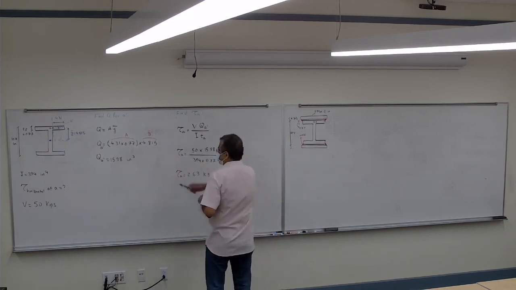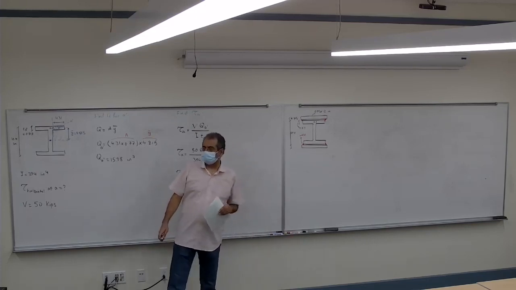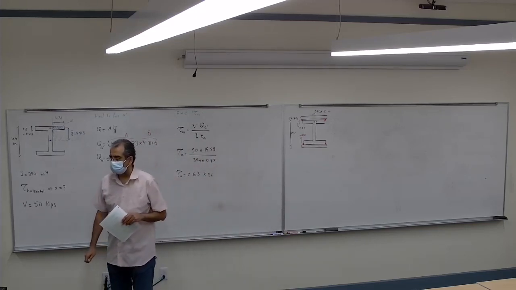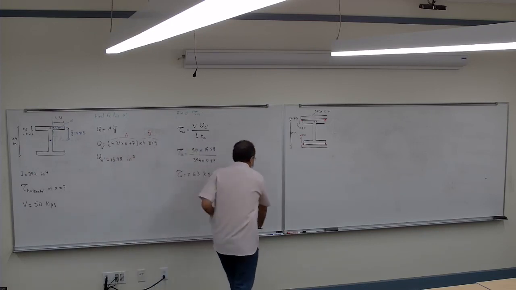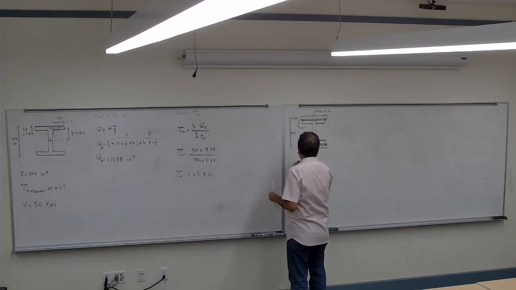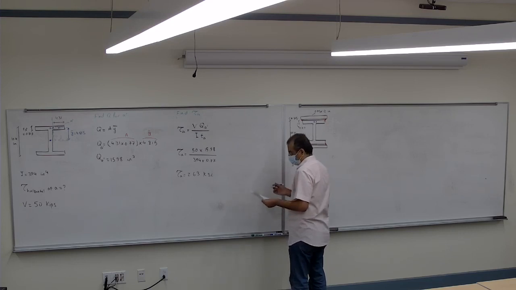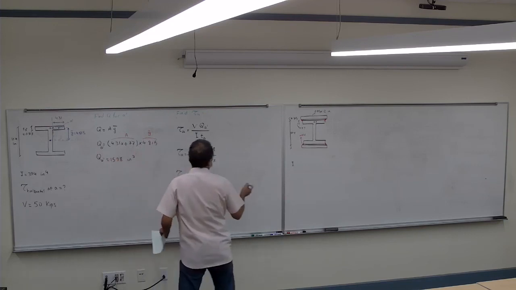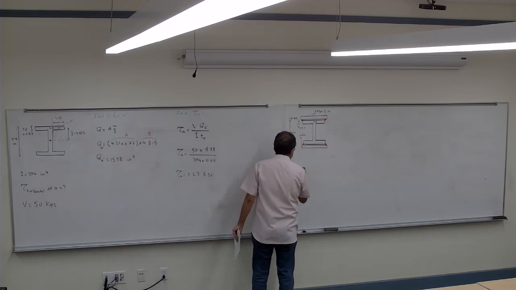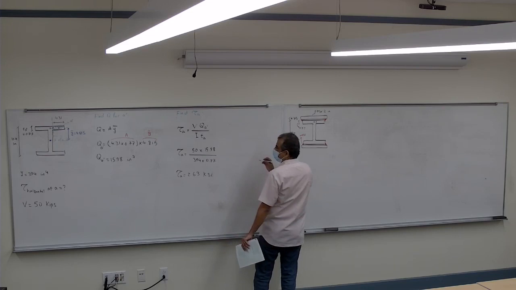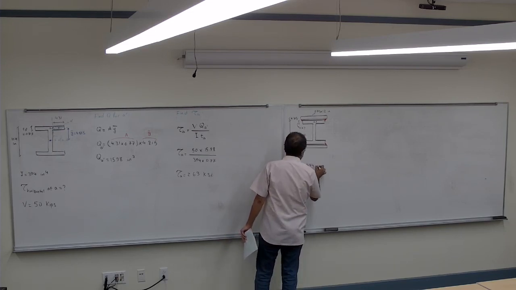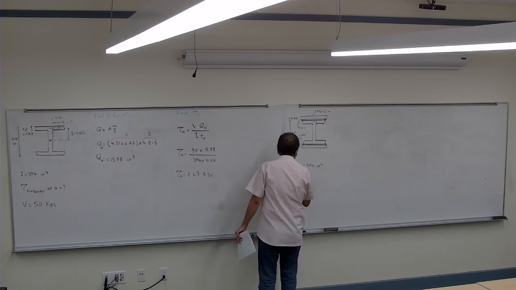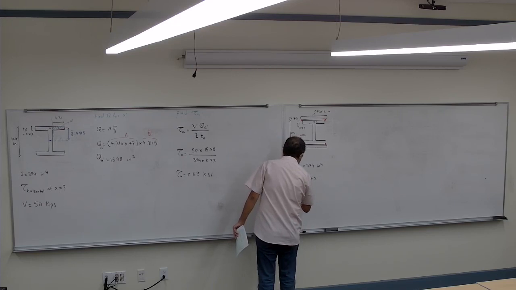Yes, the same thing. The same formulation we have. The I for the beam is the same as 394. The V is that 50 kips, and the tau at A. How much is it?